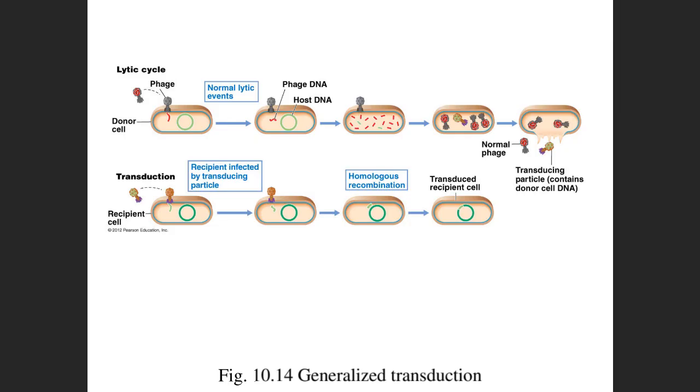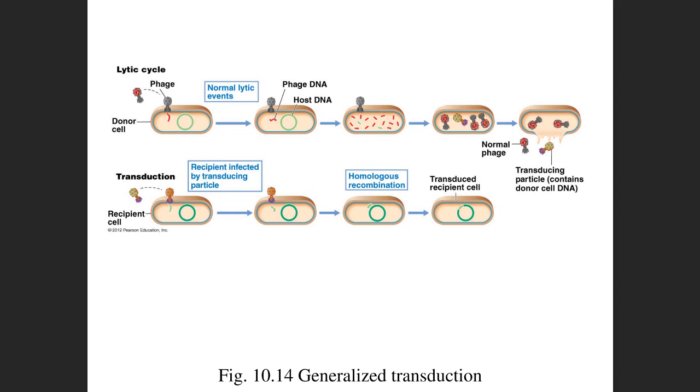Okay, so now we're going to move to a different topic, generalized transduction. Last time we said transduction is when the phage takes one piece of DNA from a donor and puts it into a recipient. How does it actually happen? Now we understand the life cycle of a phage, so we can go back and study it.